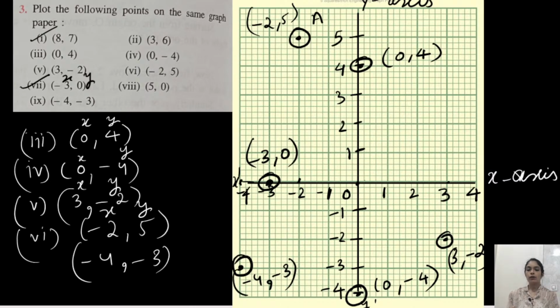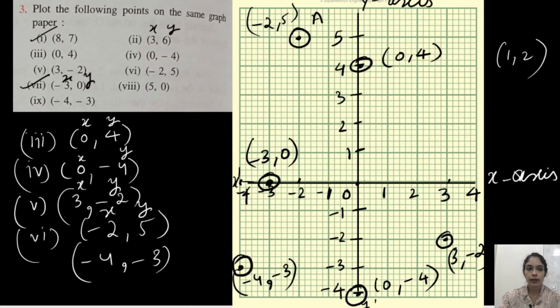So basically what you have to do, first of all, you have to see what the value of x is. You just find the x value and keep your pen on that. Then you only have to go up or down, depending on the value of y. Suppose I want to plot the point 1 comma 2.